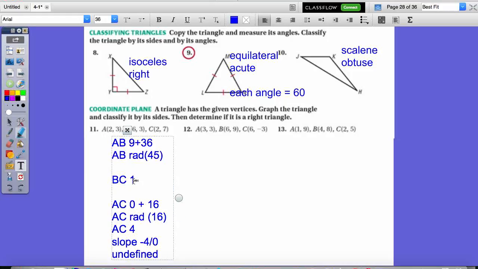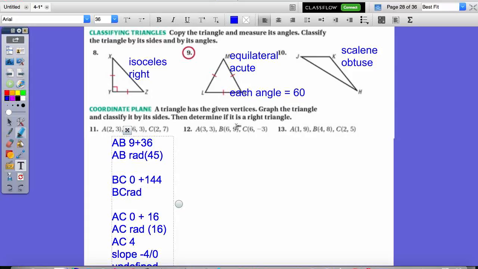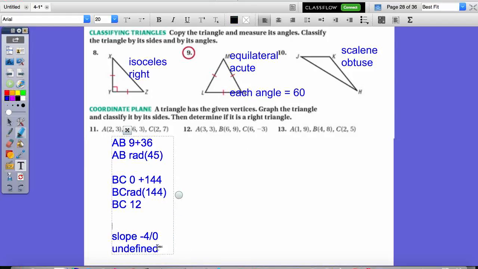So now we're going to go to BC. 6 minus 6 is 0. 0 squared is 0. Plus 9 minus negative 3. So 9 plus 3 is 12. Quantity squared is 144. So BC would be the square root of 144. So BC is 12. And now let's look at AC.